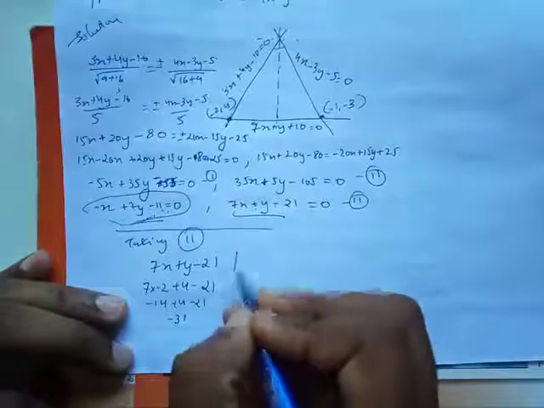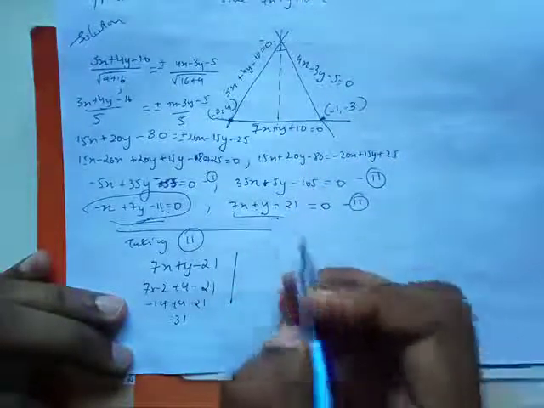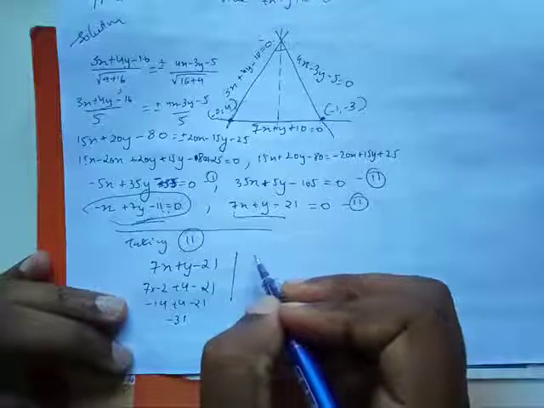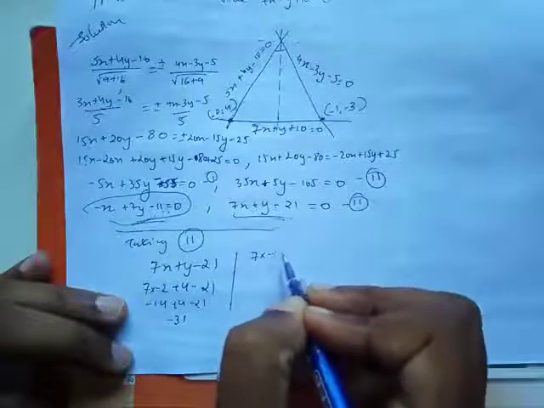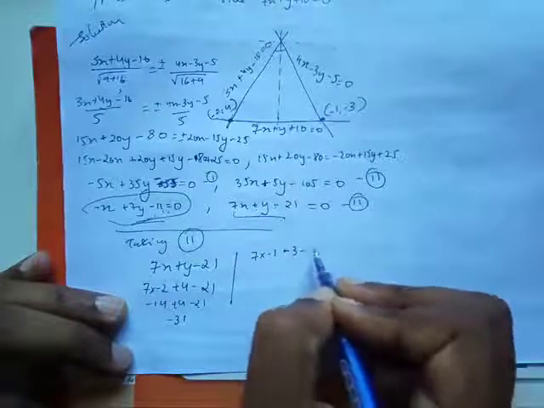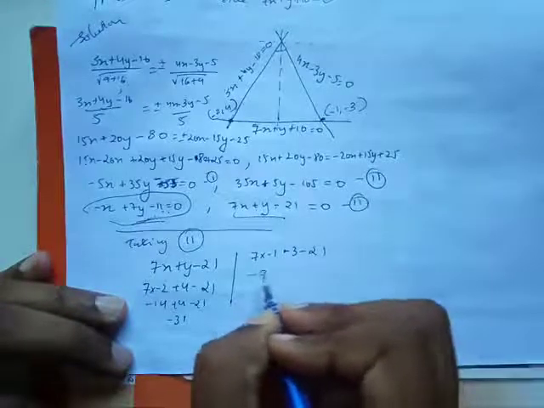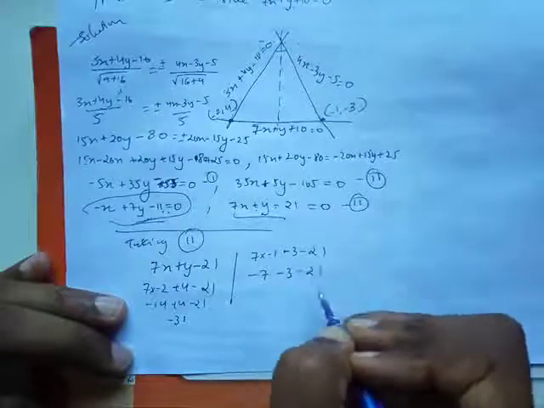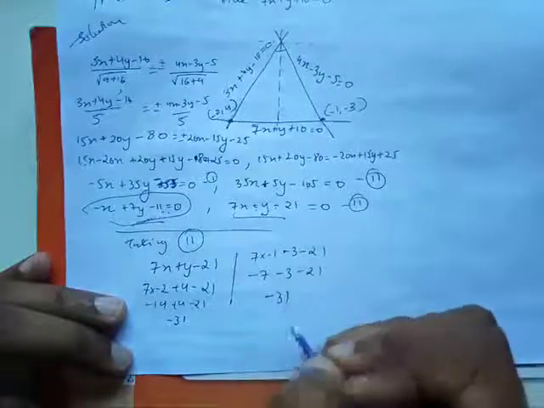Is that okay? Now I'm going to put this also in this equation. So what am I getting? 7 into minus 1, and y is minus 3, minus 21, that is minus 7 minus 3 and minus 21, so minus 31.